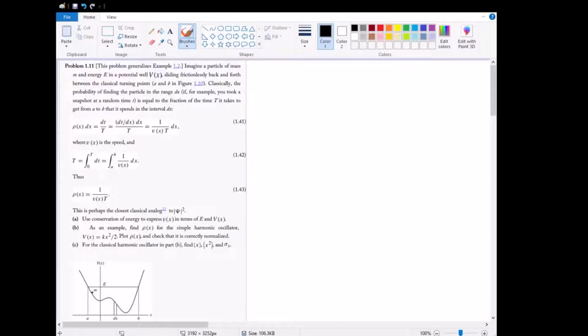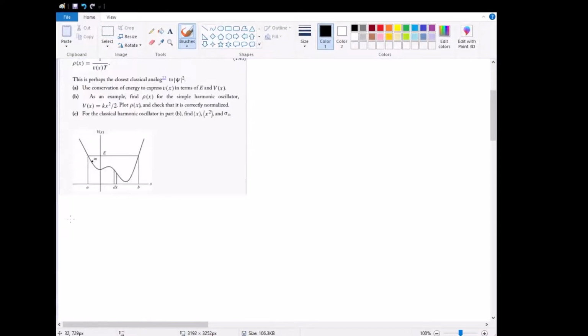Now, the first part of this problem, now that we're done with this very meaty introduction, is to use conservation of energy to express our velocity v of x in terms of the energy E and the potential big V of x. So let's start that right away. Well, we know that we're looking at a classical analog of a quantum system.